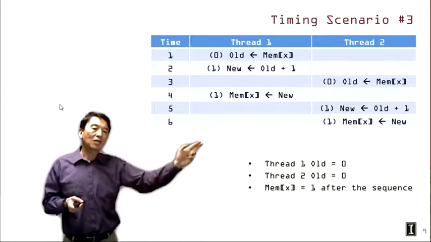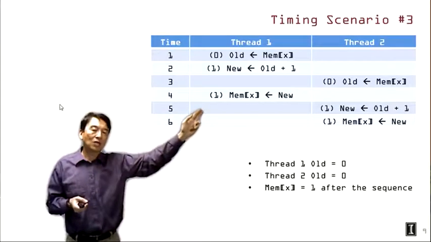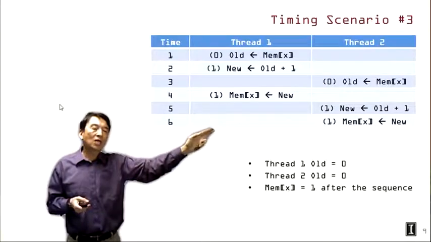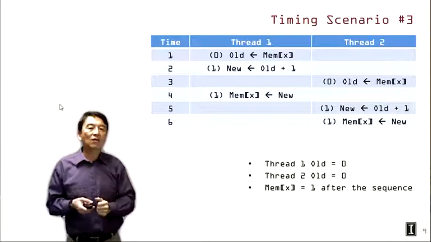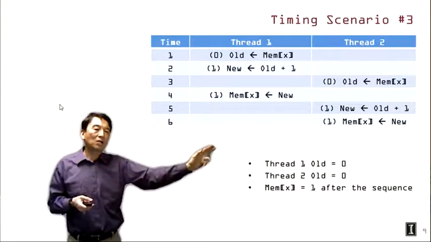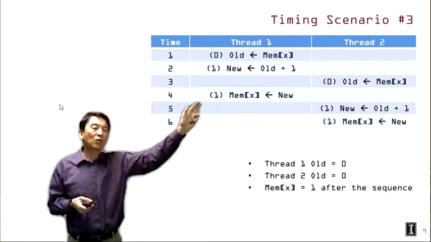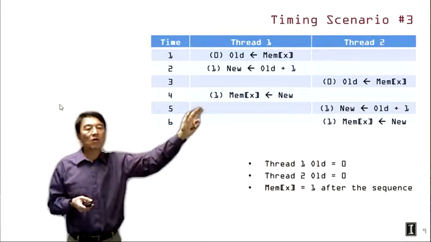And then thread 1 will write its result 1, but thread 2 will also write a result 1. So essentially thread 2 erased the update from thread 1. The update is purely based on the old value that did not incorporate the modification that thread 1 made.